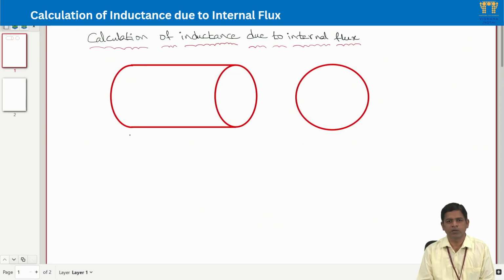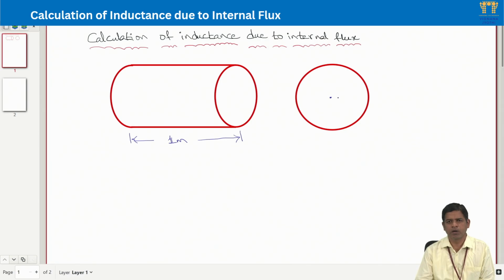So this is a conductor whose length is say 1 meter. Now this second figure shows the cross-sectional view of this conductor.